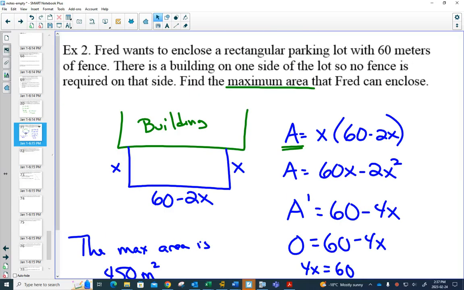Oh, but you know what's really cool? What's really cool about a question like this is we can now with calculus, maybe you noticed this pattern back in grade 11, maybe you didn't. But if I do this question again, but instead of starting with 60, I'm going to use a big T for the total, right?